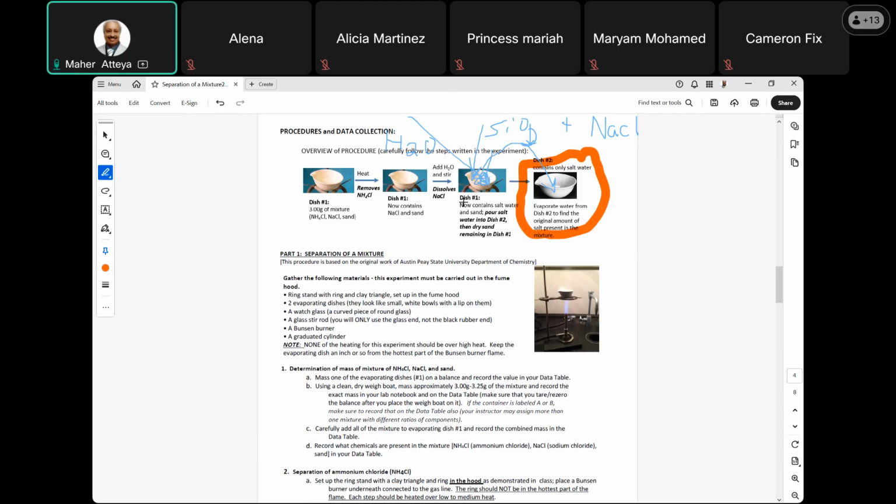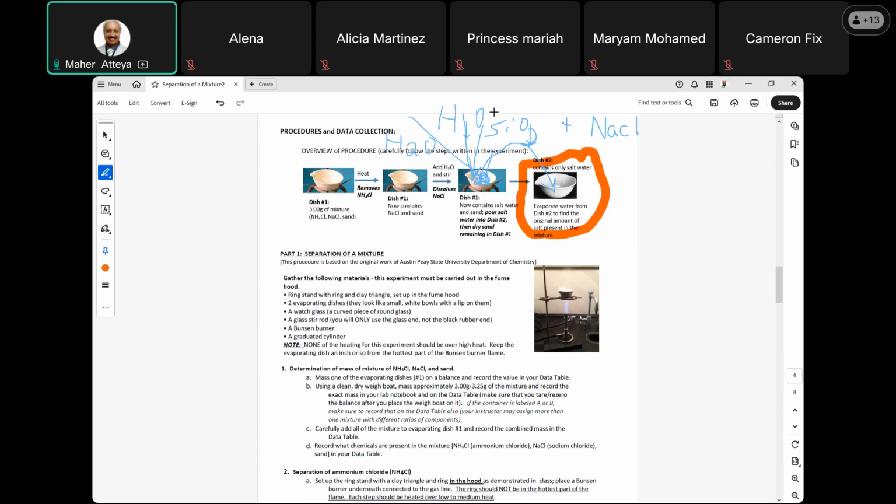Okay, so I will add another 2 mils to make sure that I'm really covered and moving all the sodium chloride into the solution in dish number 2. Add additional H2O, but first we added 5 and decanted.